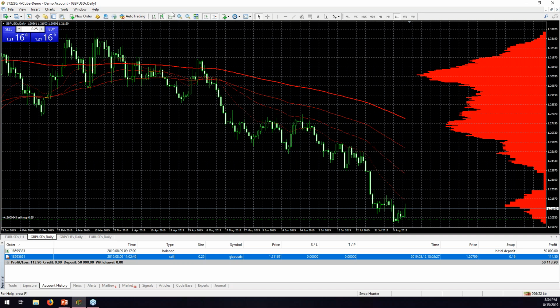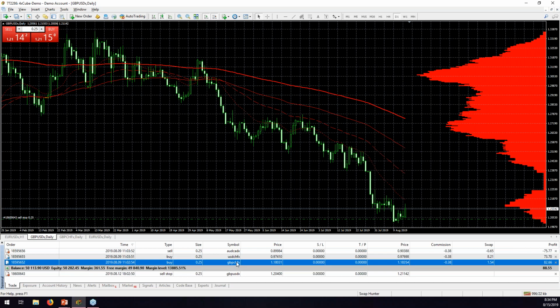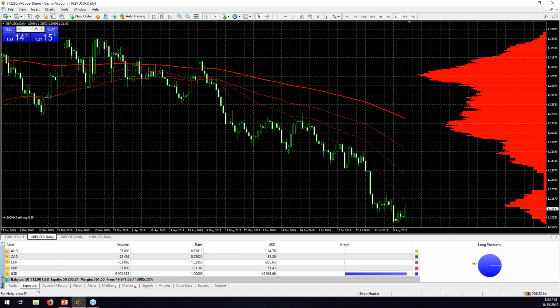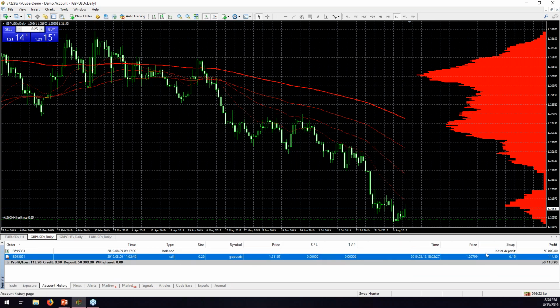We're hedging the pound against the US dollar and the Swiss franc. One's going up, one's going down because we're buying one and we're selling the other. Once the sell trade came into a profit, I said I'm going to close at 1.2070.